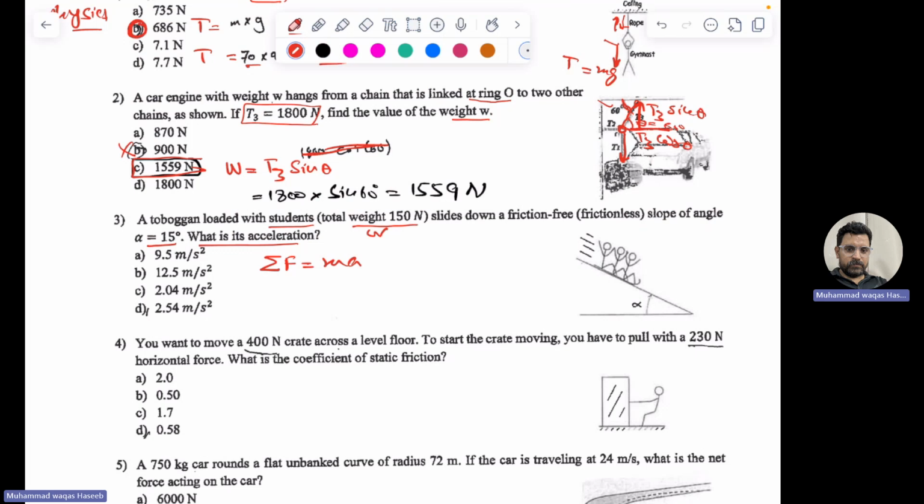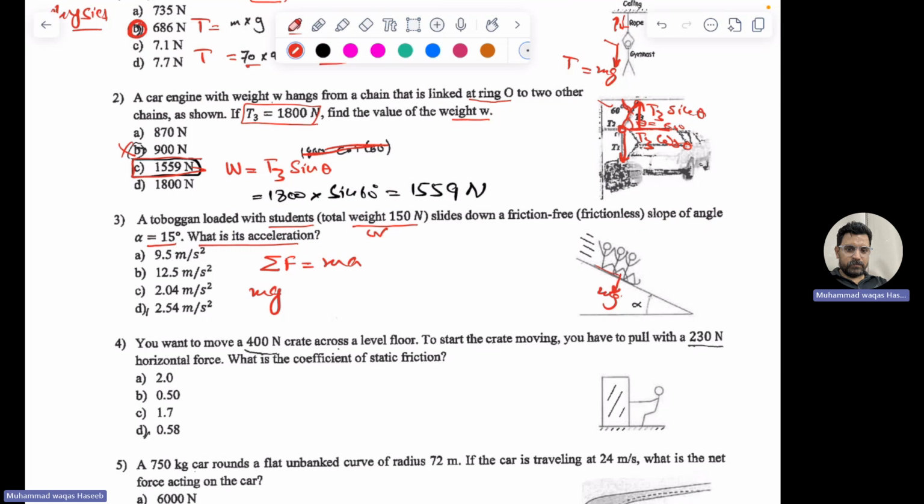The force related to the weight is mg, which has two components, mg cos theta and mg sine theta.